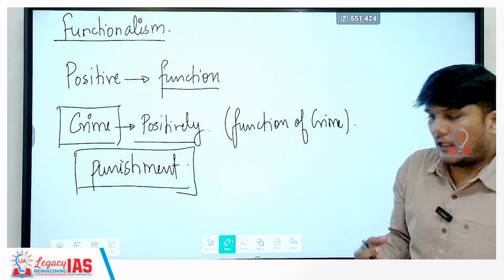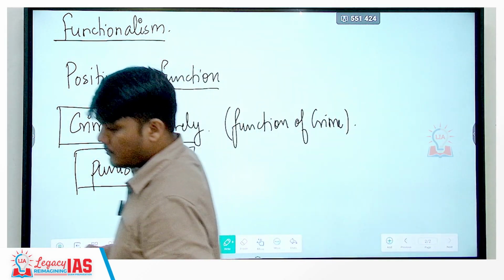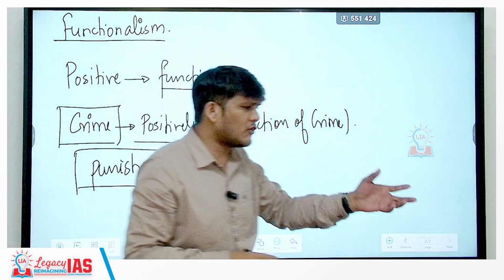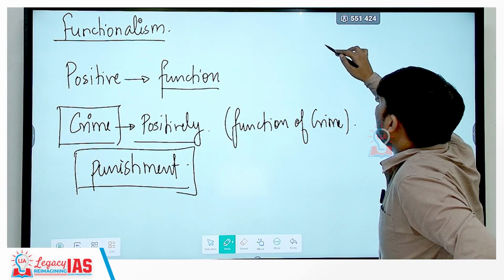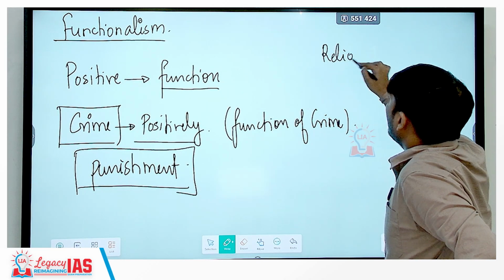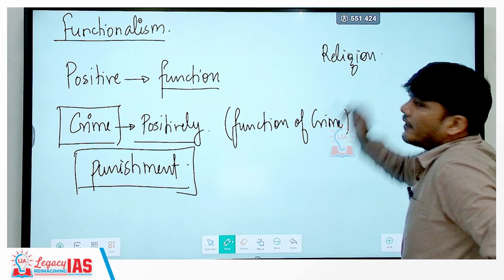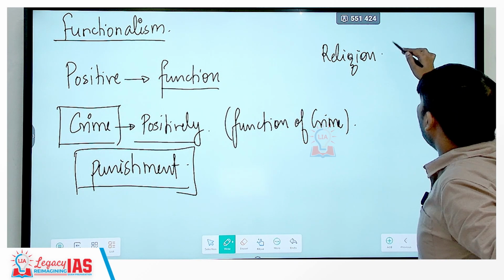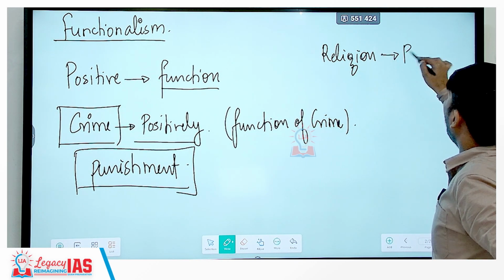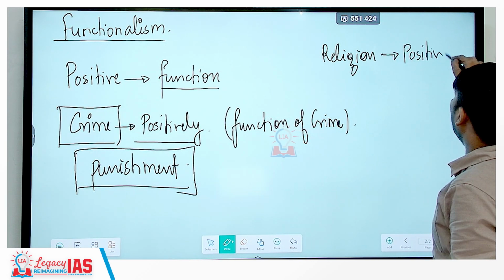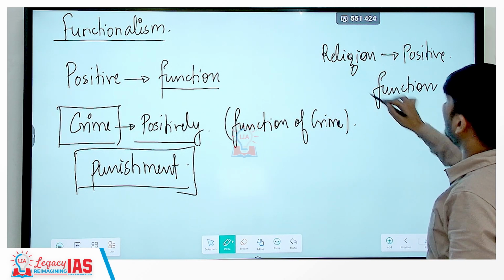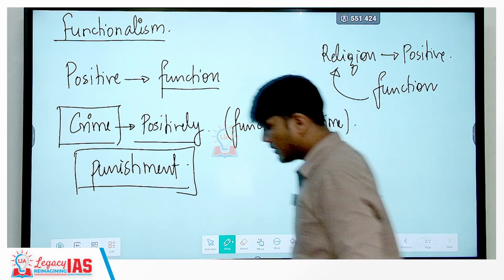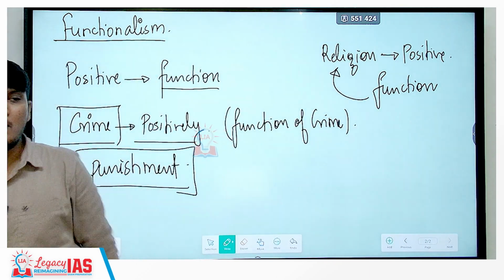Marxism said religion is the opium of the masses. So Marx talked about religion in a very negative way. But what about functionalist theory? Functionalist theory will again talk about religion in a positive way, because it will say that there are certain functions which religion actually does, which help, and they are positive.